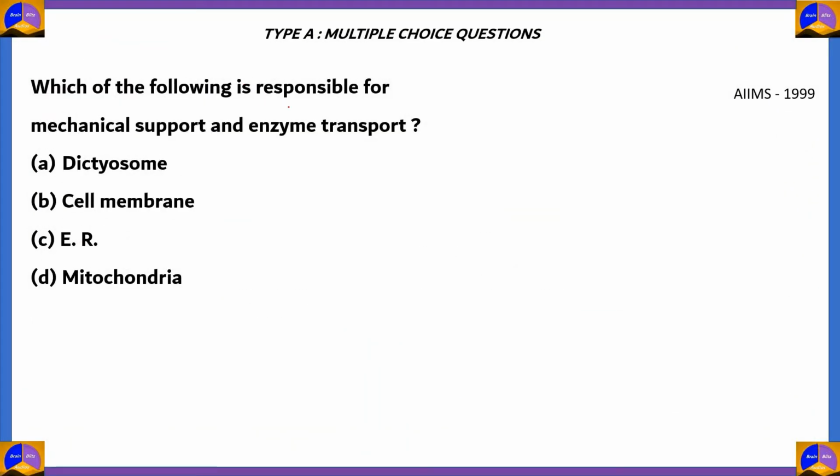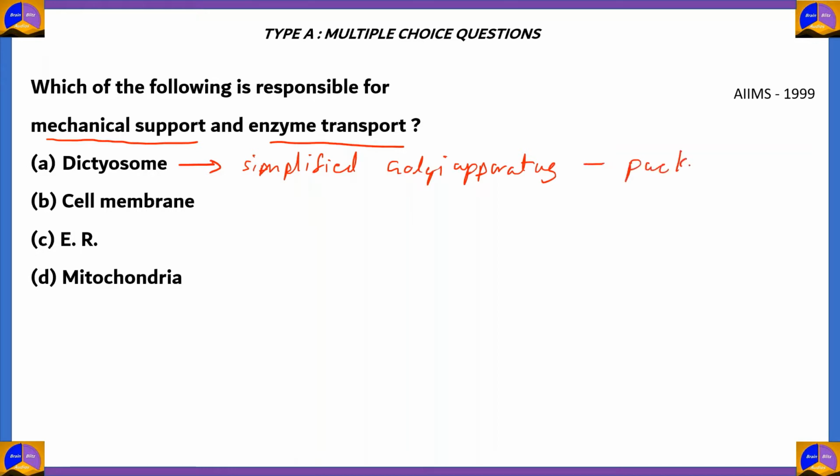Next question. Which of the following is responsible for mechanical support and enzyme transport? Dictyosome, cell membrane, ER, or mitochondria? Dictyosome, which is a simplified form of Golgi apparatus, is used for packaging proteins and lipids.